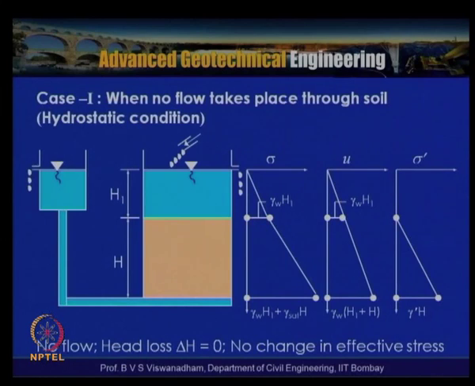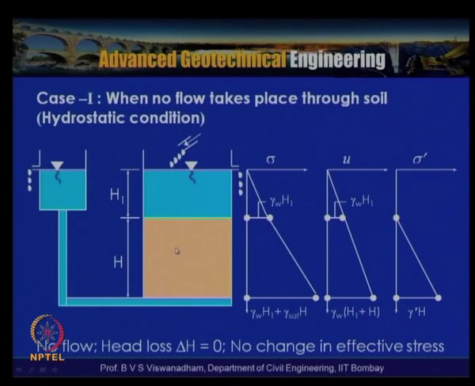If the groundwater surface is within this H, then the effective stress can increase or decrease depending on the changes that happen. For example, if there is a depletion of the water table, the effective stress increases. If there is an increase in water height, there is a decrease in the effective stress.